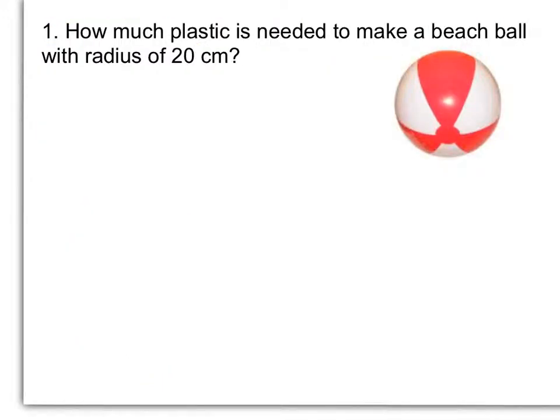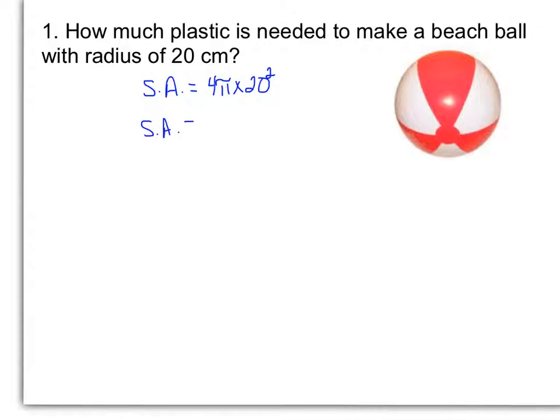Number 1 says how much plastic is needed to make a beach ball with radius of 20 centimeters. So we're looking for the surface area. So surface area is equal to 4 pi times our radius squared.